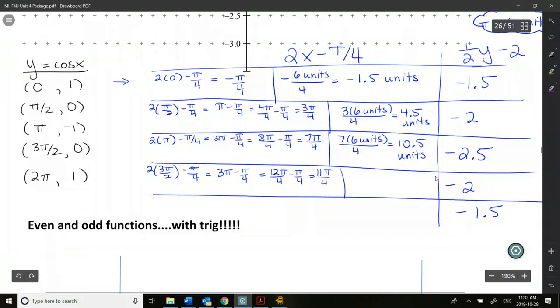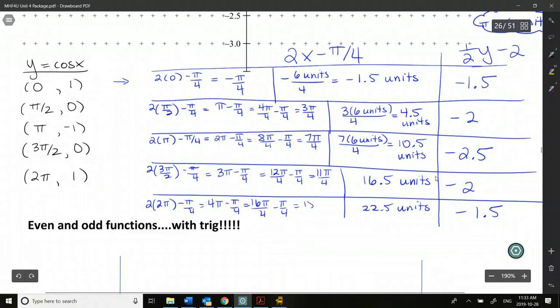If I add 6 units to that, this should be 16.5 units. The next one will be 22.5 units, just adding 6. And 2 times 2 pi minus pi over 4 should give us 4 pi minus pi over 4, and that needs a common denominator, so we'll get 15 pi over 4 for this one.